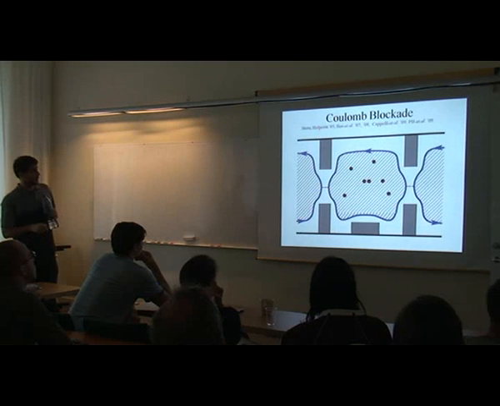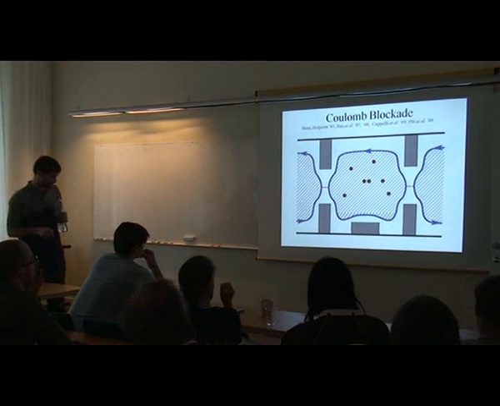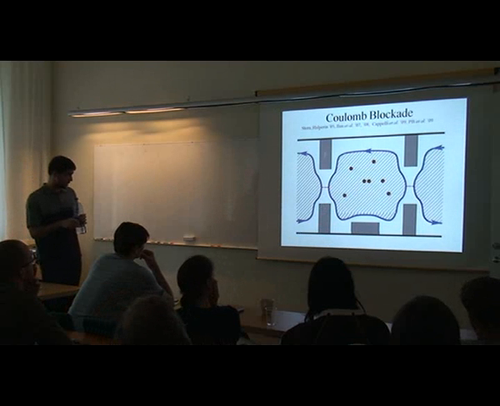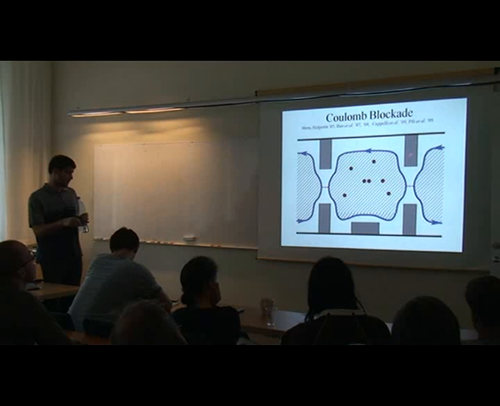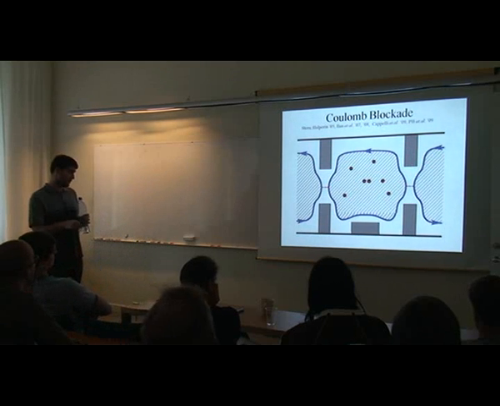So, first of all, let's look at the Coulomb blockade experiment. In this situation you have some Hall fluid, which is this hatched region, and you introduce two gates on top of it, which pinch off this puddle in the middle from the rest of the Hall fluid.